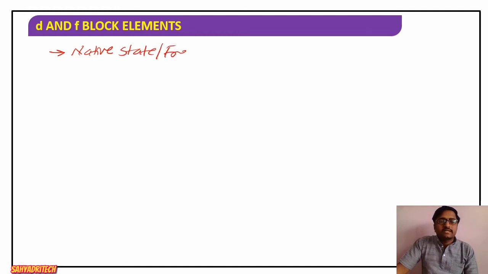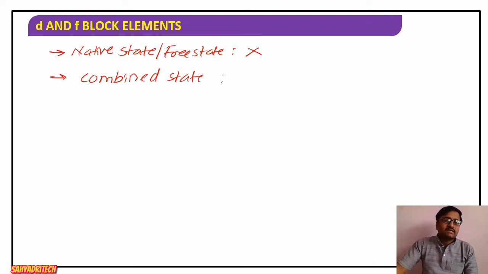The native state is also called the free state. Because of their highly reactive nature, they are not available in the native state. In what form are they available in nature? In the combined state. What is this combined state?